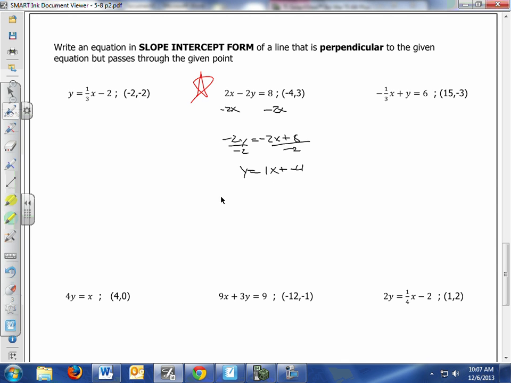If this slope is 1, the slope of my new equation needs to be -1, which is the fraction flipped and opposite. All right. If we all can do this problem correctly, we will stop there.